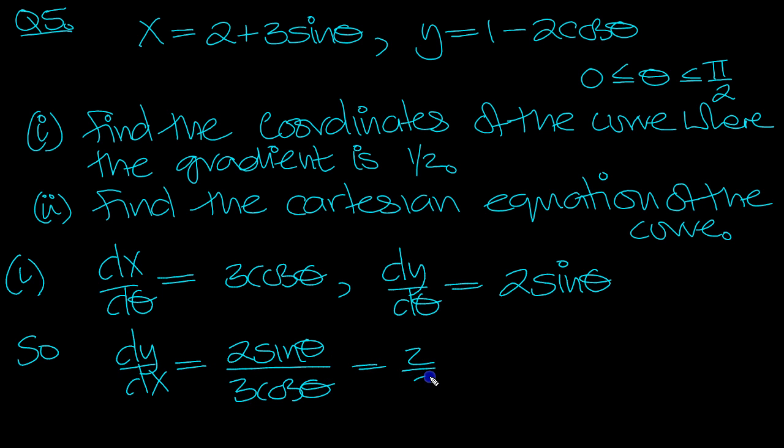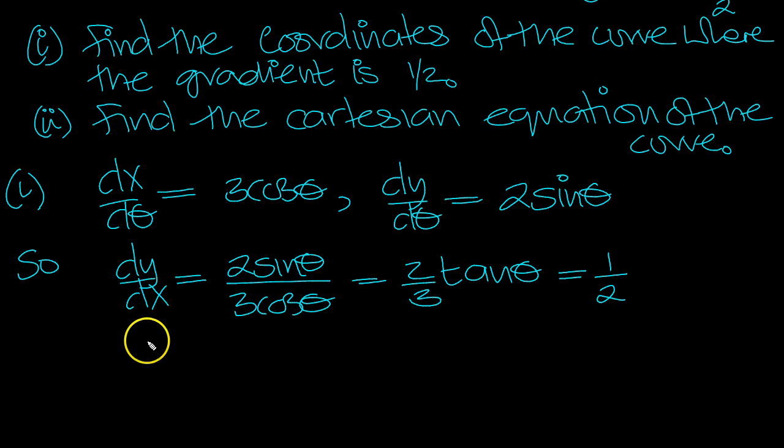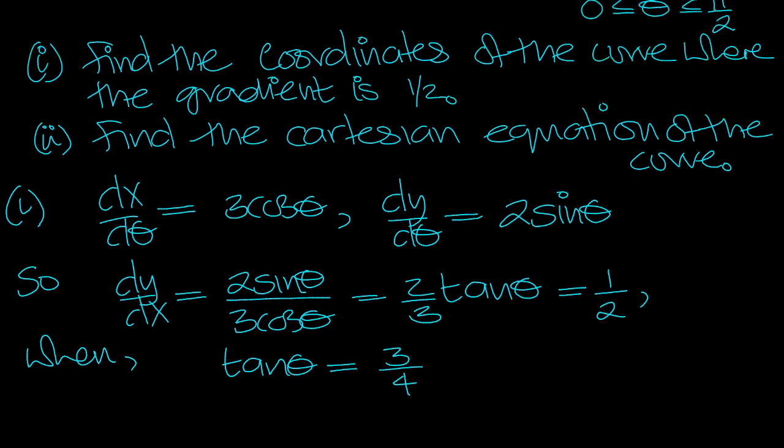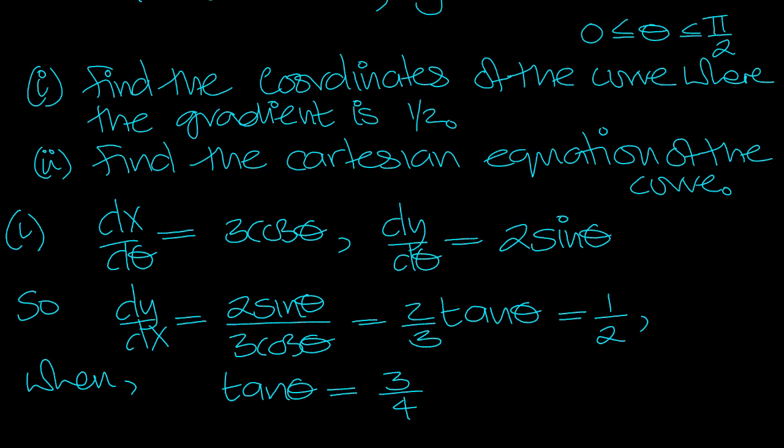which is 2/3 tan theta. When does it equal a half? That equals a half then when tan theta is equal to, move the 3 up, move the 2 down to be with the other 2 to make 4. So tan theta is 3/4, theta is acute, isn't it?